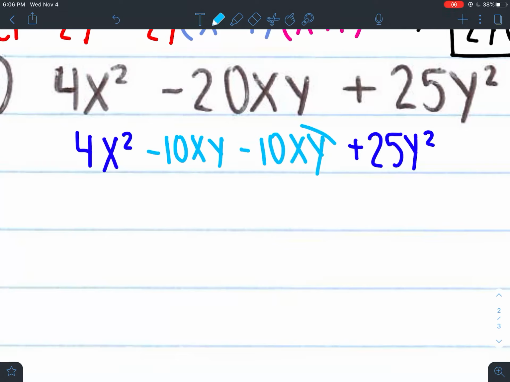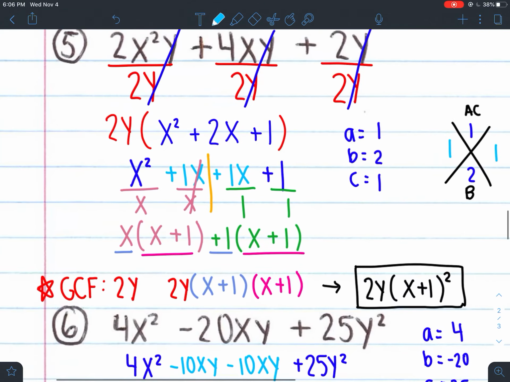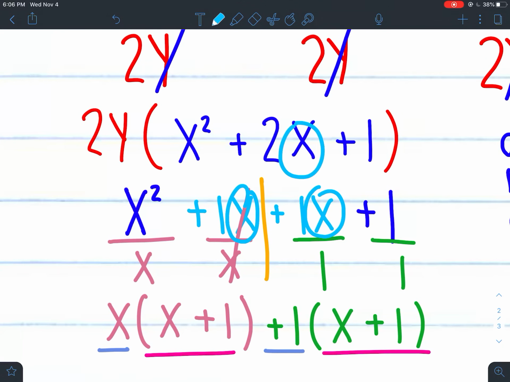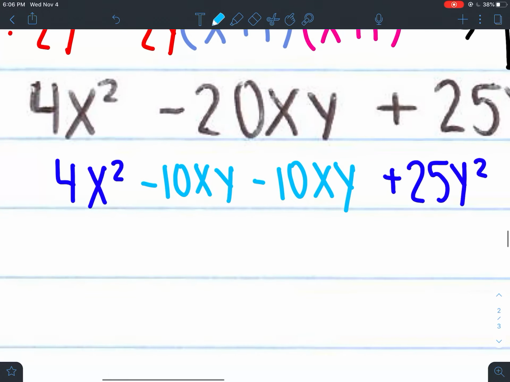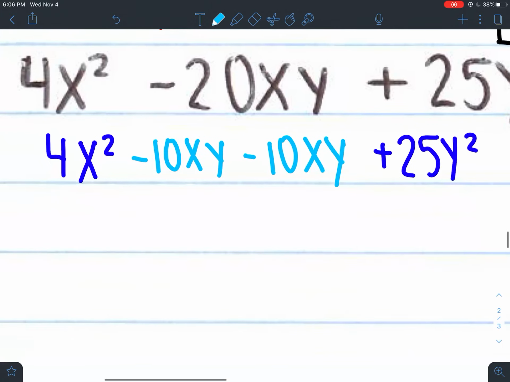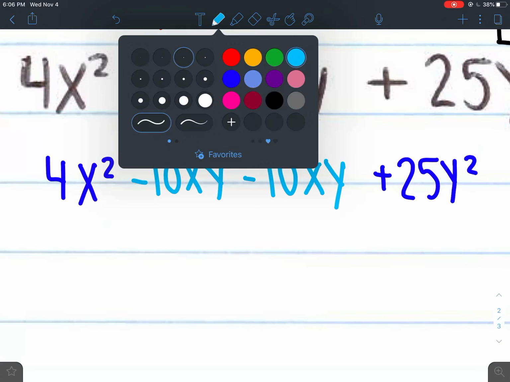Now again, you're just copying what this is, because if I were to combine these, I should get negative 20xy. It is a little strange, but just like how 1x plus 1x makes 2x, negative 10xy and negative 10xy make negative 20xy. Now once you have 4 terms, you can proceed to factor by grouping.